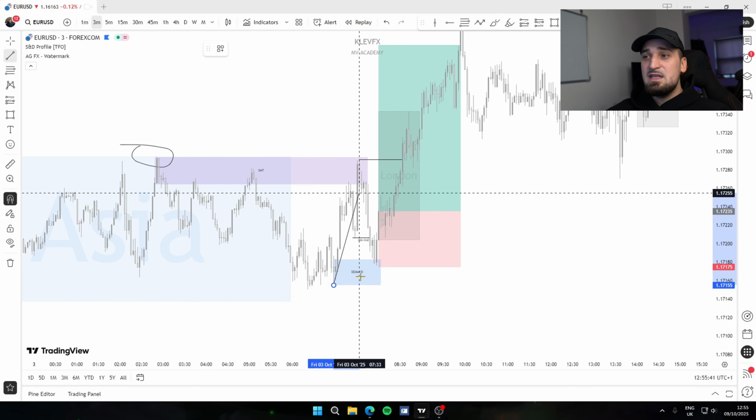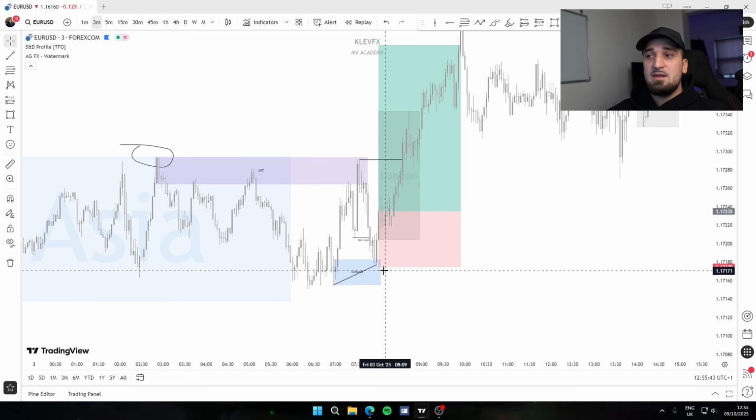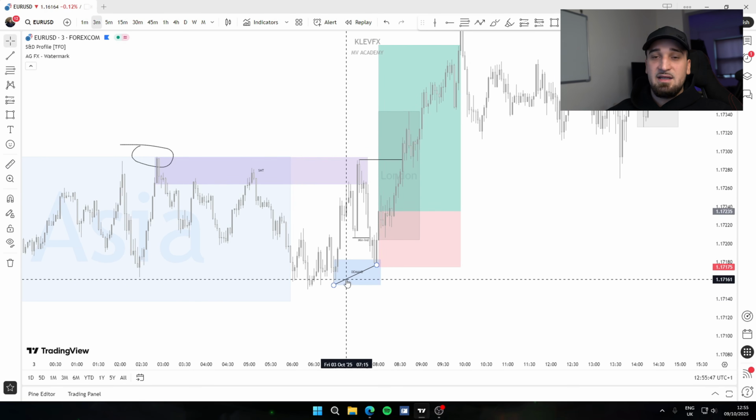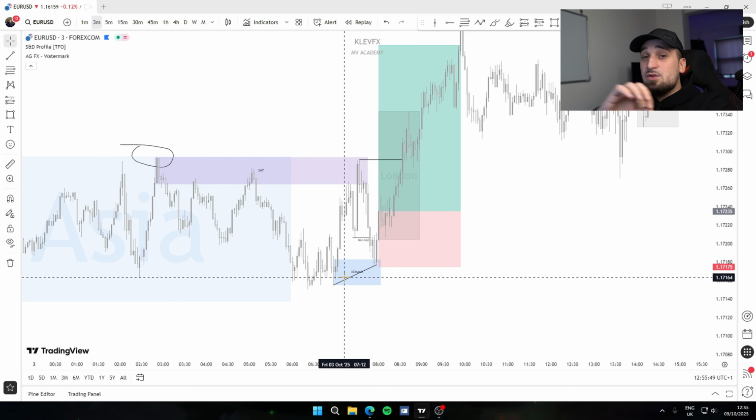If you're trading EU and GU, maybe on GU it took this low while on EU it didn't, so maybe there was a divergence between them. But you can see this on all time frames happening. You can see this on the daily, the 4 hour, 1 hour, 15 minute, 5 minute, 1 minute. It happens 24/7. And this is a very easy way to trade the market and find these nice setups.